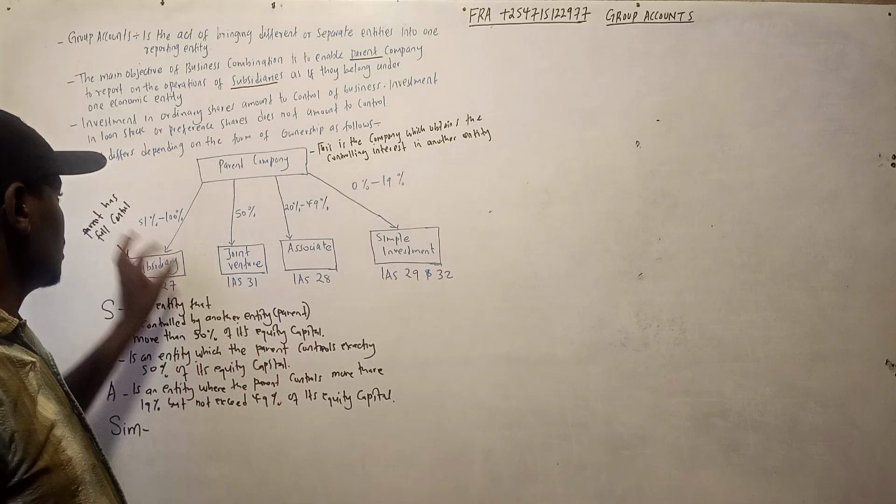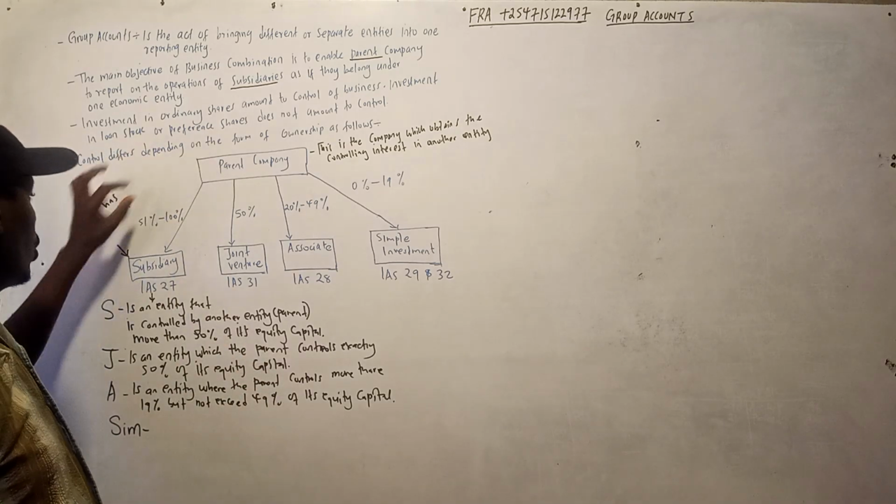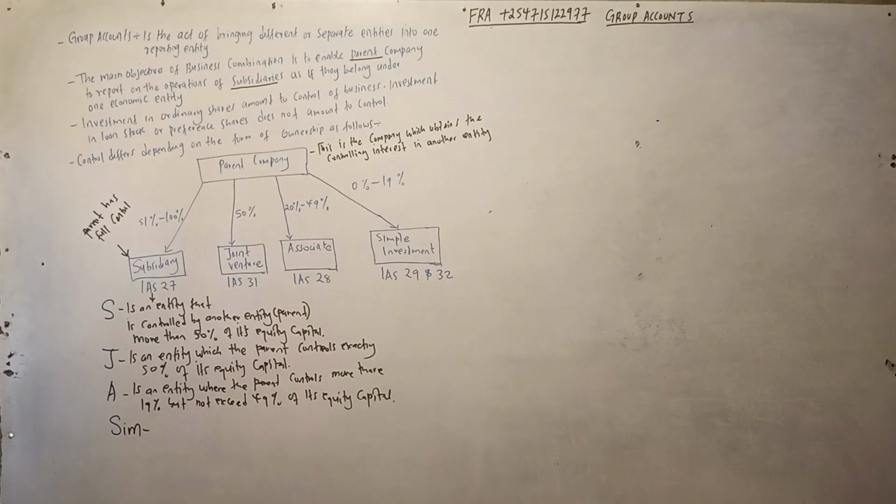Regardless of the percentage, the parent company always controls a subsidiary fully. But for the others, the parent exercises a significant influence but cannot control them.